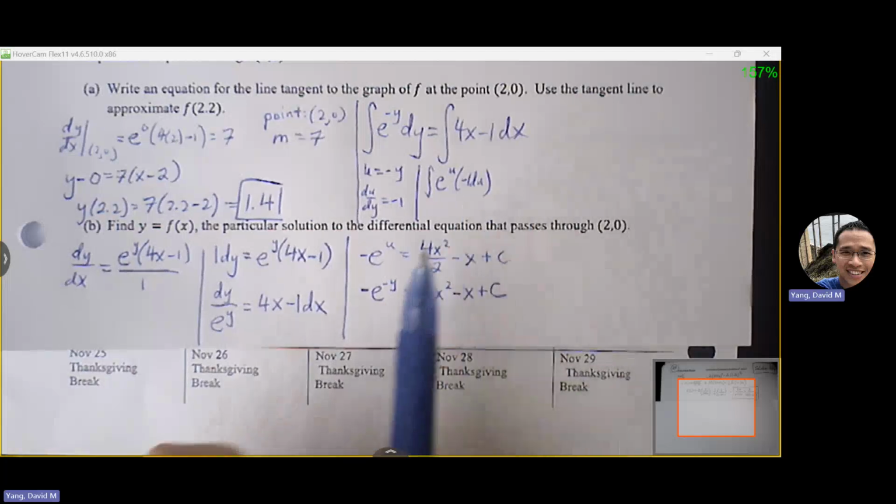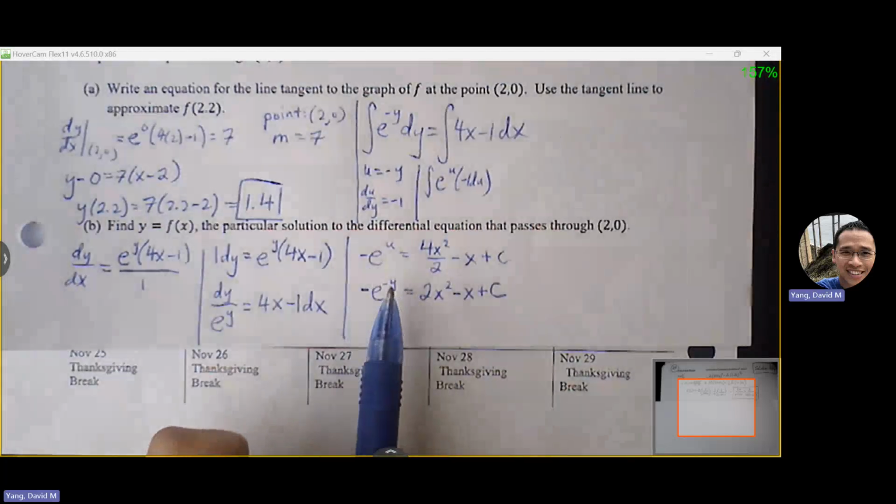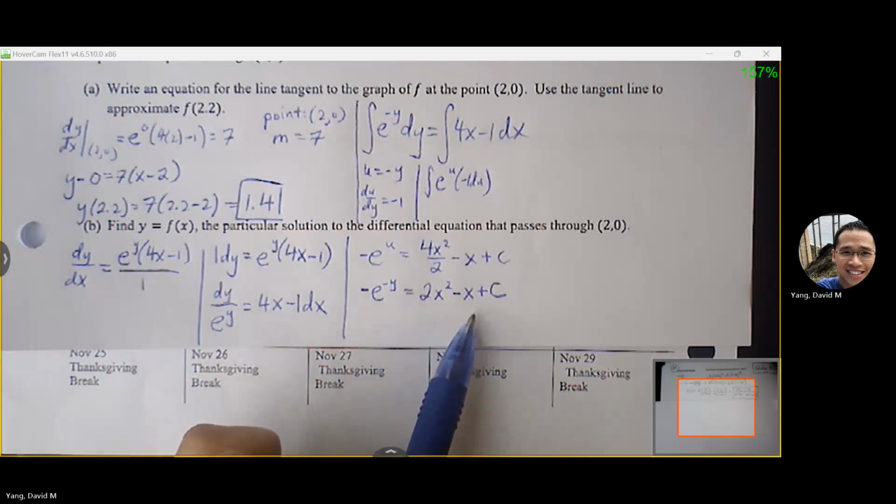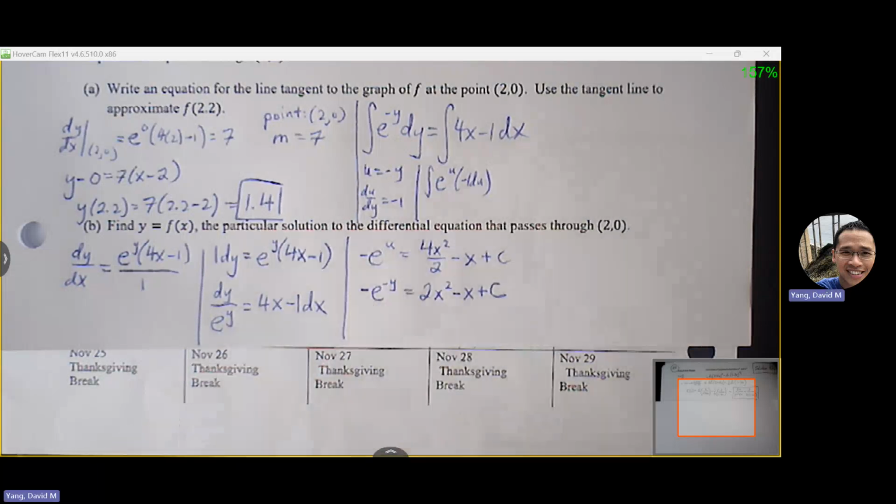So I took the antiderivative, went through u substitution. I'm going to distribute. I'm going to solve for c at this stage.